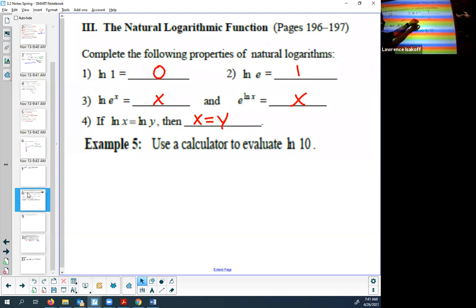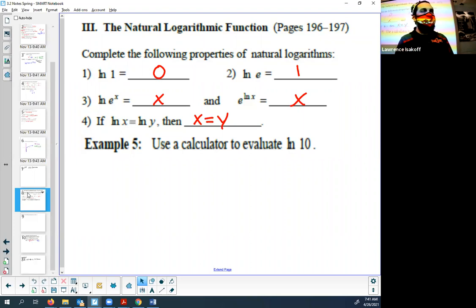If I do e to the natural log of x, those cancel out, leaving me with just x. And if I say the natural log of x is equal to the natural log of y, then x and y have to be equal to each other.